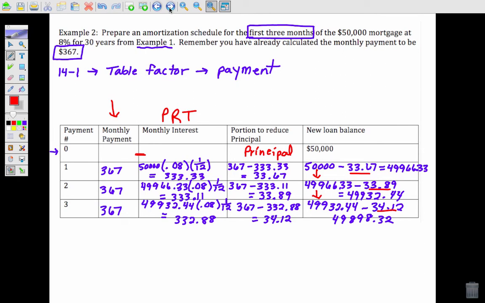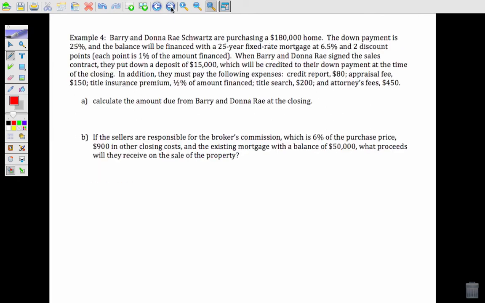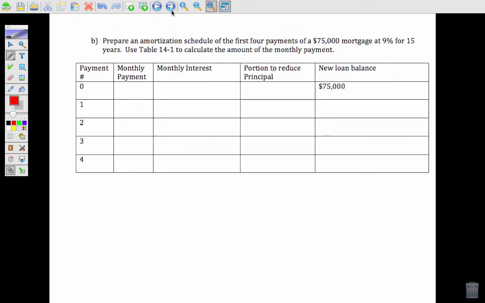Now I'd like you to try the Try It, and we'll jump over to Part B in the Try Its. If you want to go ahead and fill out this amortization schedule, the first thing I need you to do is find your payment. What's your monthly payment? You want to use table 14.1 to do that.